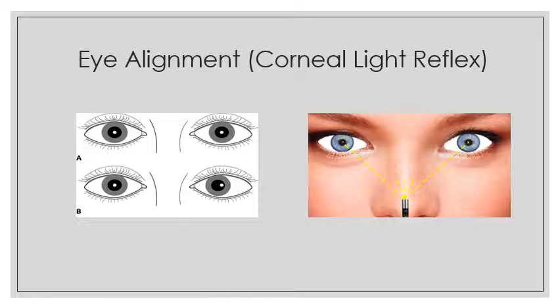If it is seen on the temporal part of the cornea, then this patient has convergent squint. And if it is seen on the nasal part of the cornea, then this patient has divergent squint.